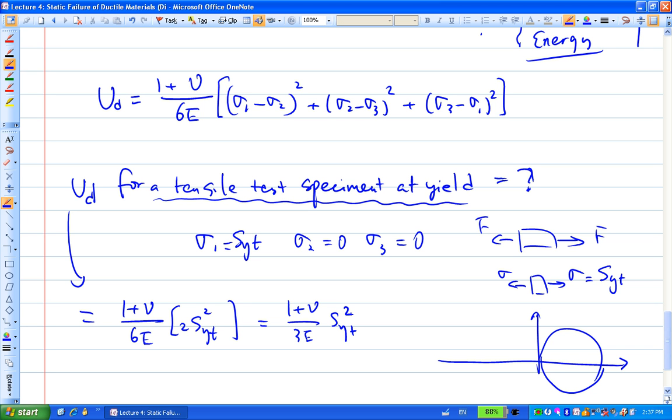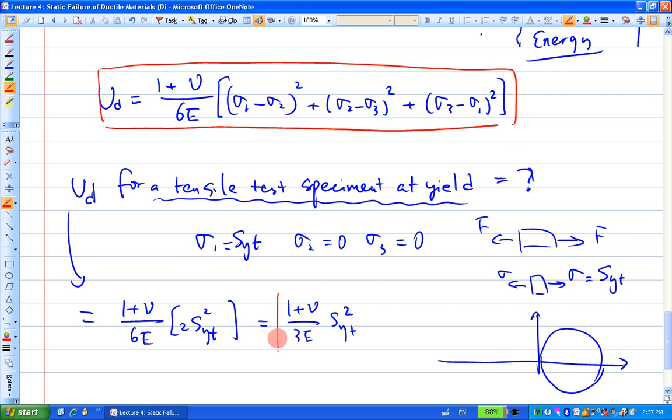Is that clear? The next job is to compare this quantity with this quantity. If this quantity is greater than this one, then you have a failure. If this quantity is less than this one, then you're safe.